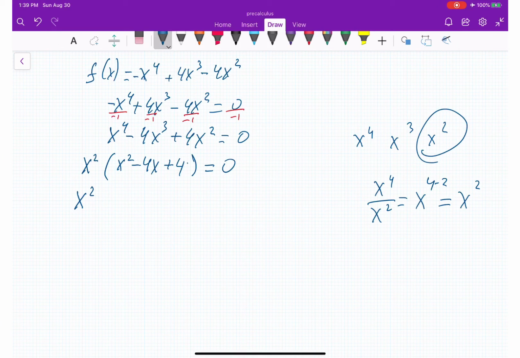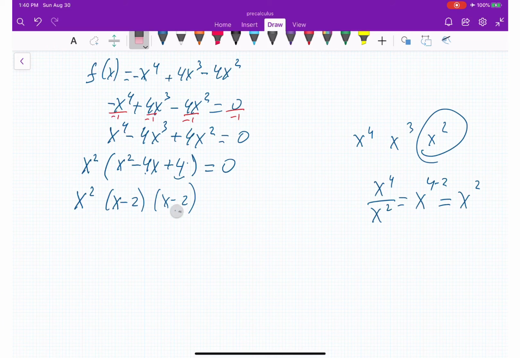So next, x squared minus 4x plus 4. If I factor it, it's going to be x minus 2 times x minus 2, right? Look here, negative 2 times negative 2 is positive 4, and negative 2 and negative 2 will give you negative 4. That's one way.